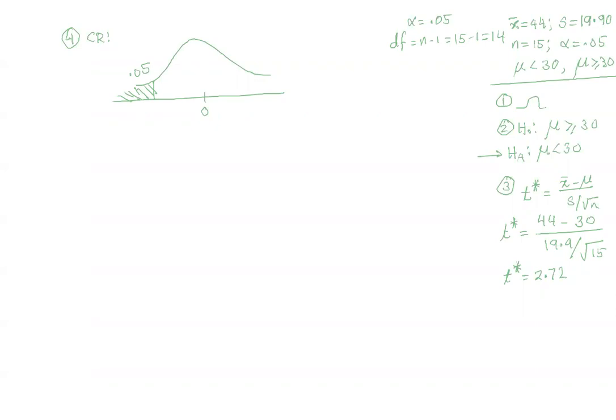Now, you look it up in the table. This time, you look for area in one tail 0.05, and area in two tail is going to be 0.10, okay? If area in one tail is 0.05, area in two tail is 0.1, and degrees of freedom is 14.